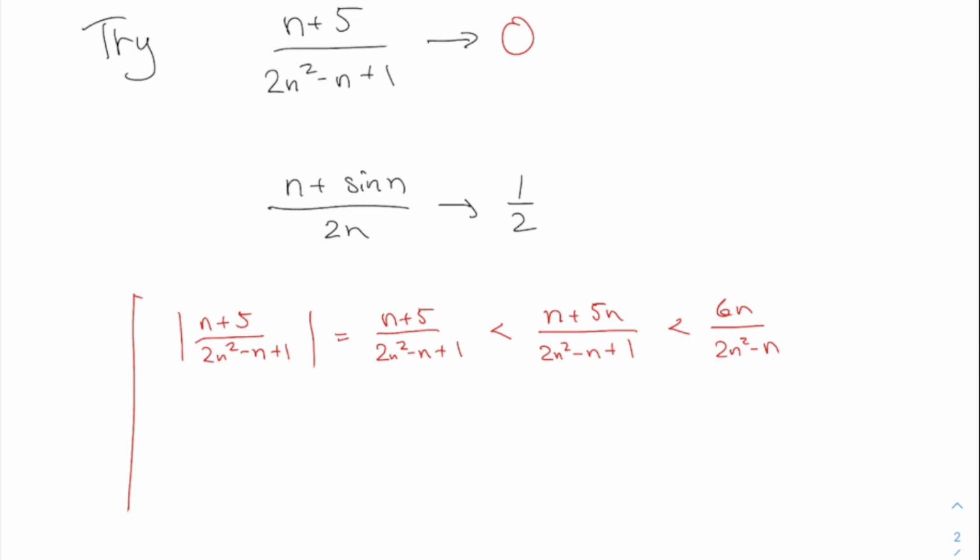How is 6 bigger than every... what if n was 500? Then you can compare. Do a less than, so that you choose 6 squared minus n. We can just get rid of the 1 minus 1.